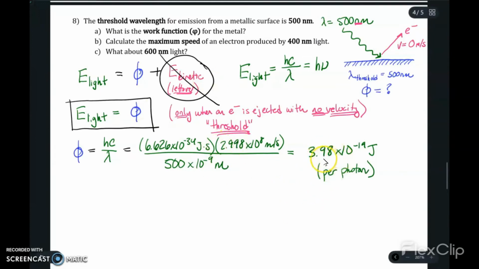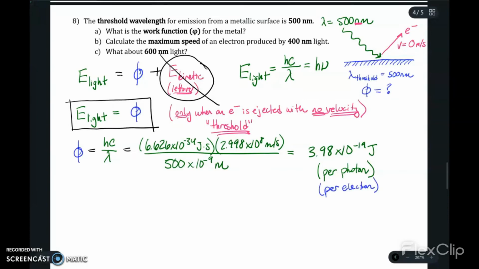So in this 500 nanometer light, each photon delivers 3.98 times 10 to the negative 19th joules to the electron in the metal. But since this is the energy that that electron needs in order to eject, this is also representing what the work function value is, right?